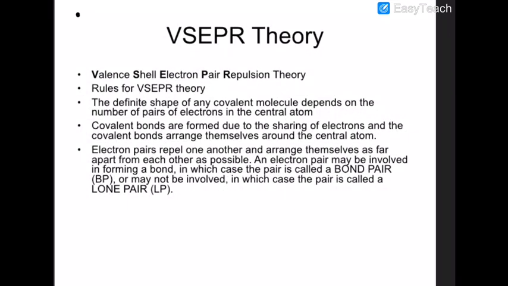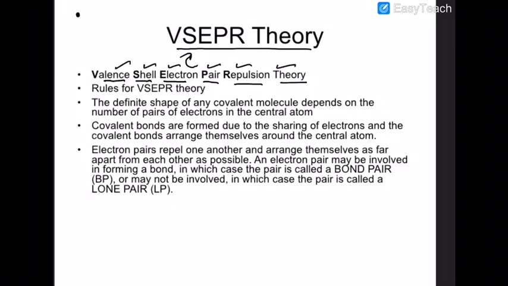Now what does the valence shell electron pair repulsion theory state? That is called VSEPR. There are certain rules for this theory.